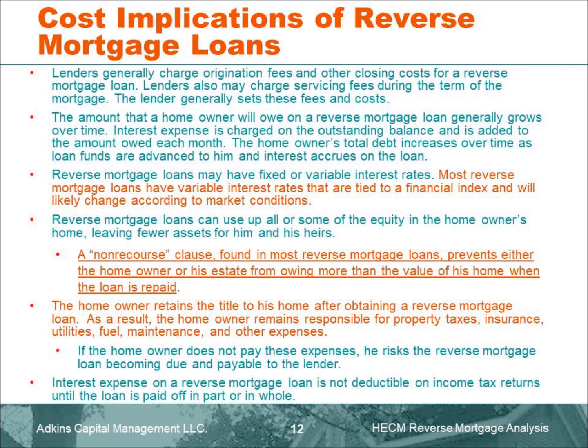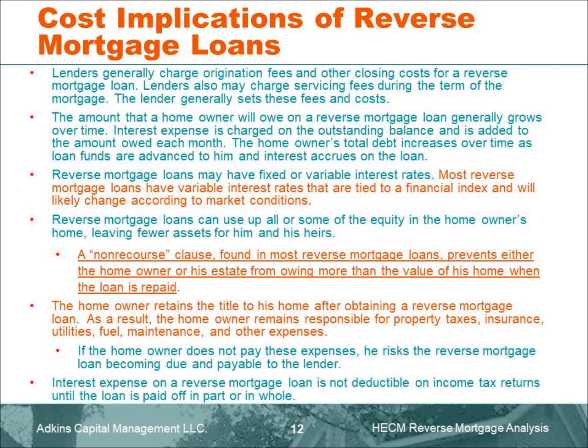However, a non-recourse clause found in most reverse mortgage loans prevents either the homeowner or his estate from owing more than the value of his home when the loan is repaid. This is a very important provision for borrowers to remember.